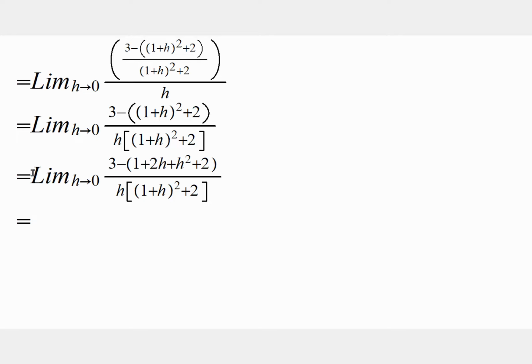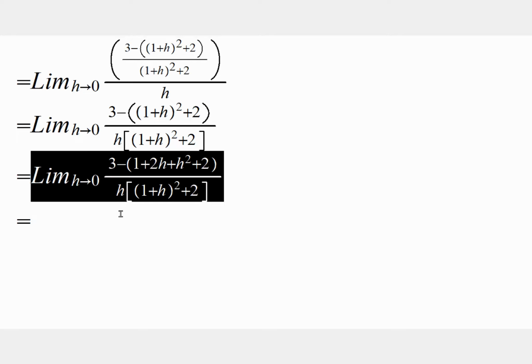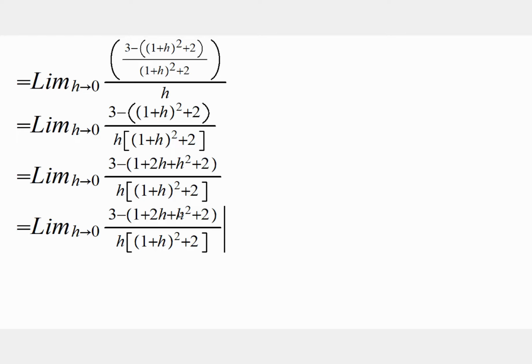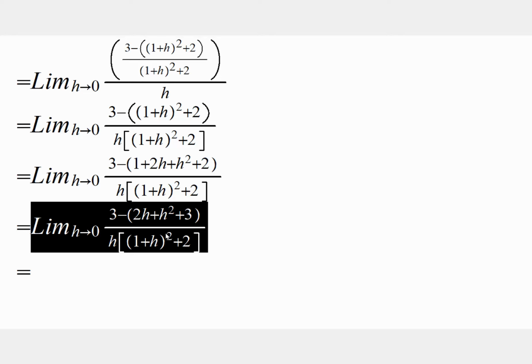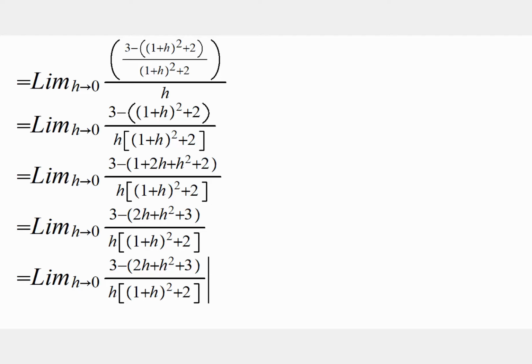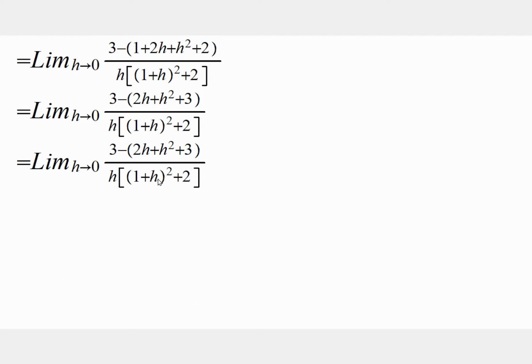And then if we simplify the quantity inside the parentheses, combining like terms, we are just going to bring a 3 in here. Now it's time to open these parentheses in the numerator. So when we open those parentheses, we get 2h, a negative sign again, and a negative sign again.